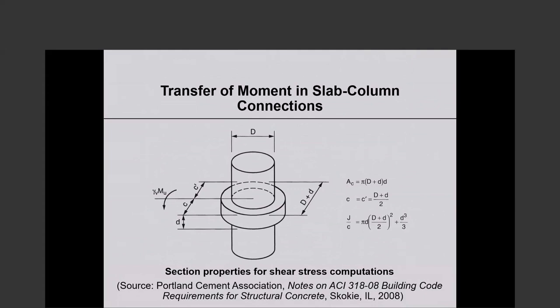If you have a circular column, the critical section around the column is also of this shape. Okay, it has a circular perimeter and then the thickness, and you can do the same computations for that. I did that years ago, and the number should still be good.